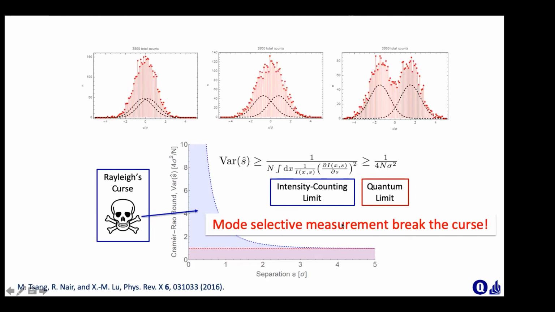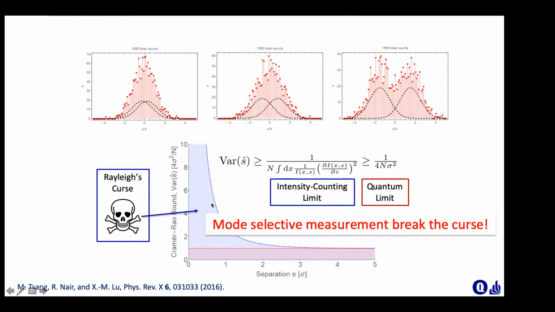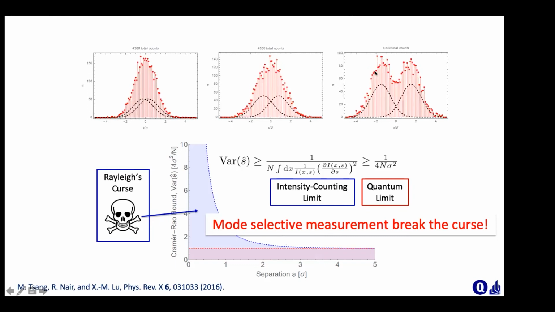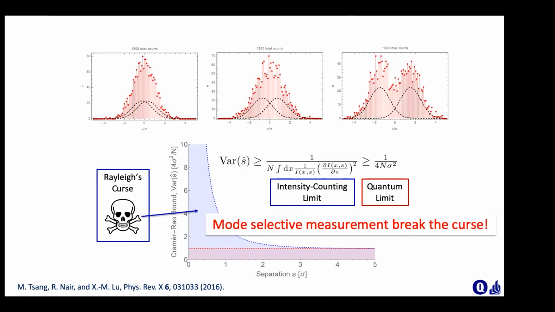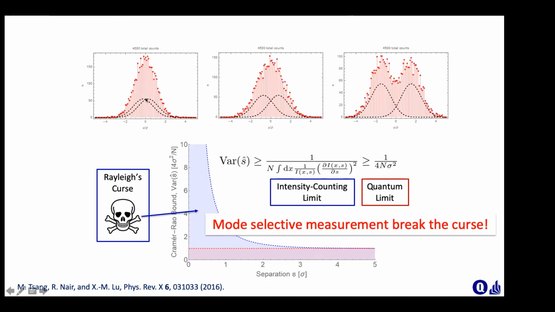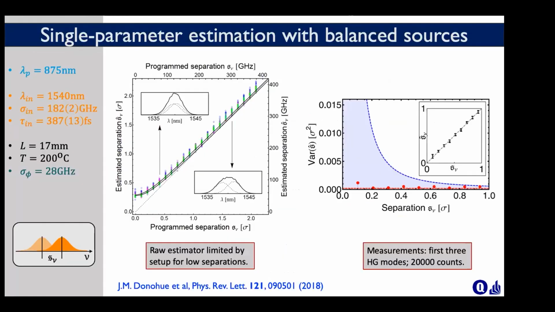So mode-selective measurements allow you to overcome the Rayleigh limit. Now, people have done that for the spatial modes, but with the temporal modes it's the same analogy. And for us, the separation is now not space, but time or frequency, we can do both. And this is what we actually could show.